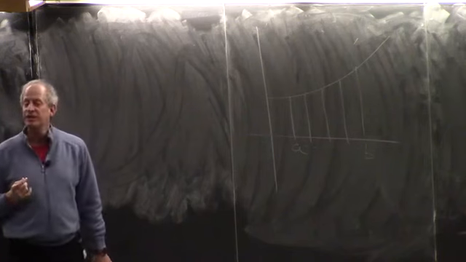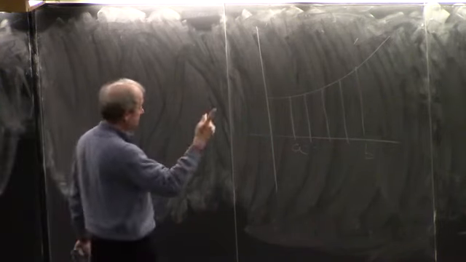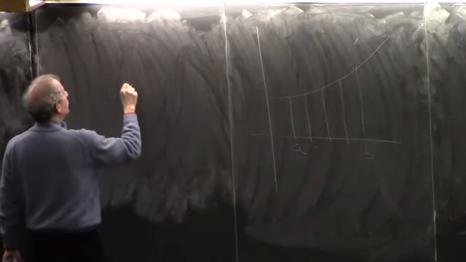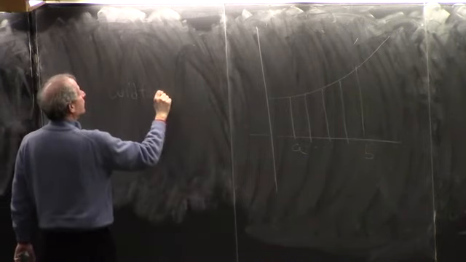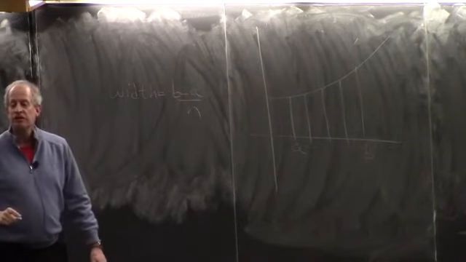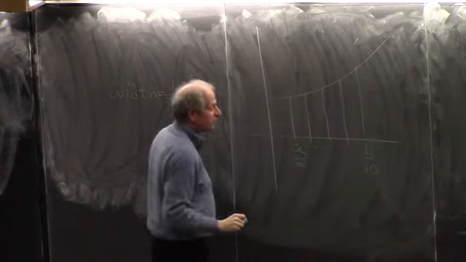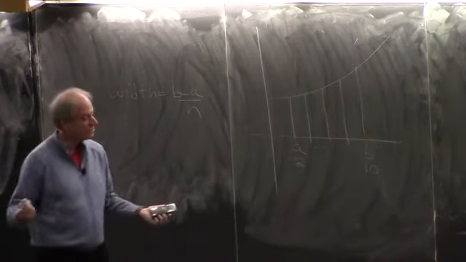So how wide would each of these be? Well, if there's n of them, then the width of each one is b minus a over n. Okay? So let's say this was from 2 to 10, and there were 6 of them.